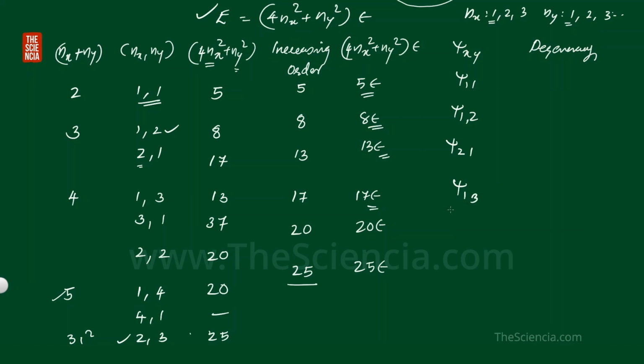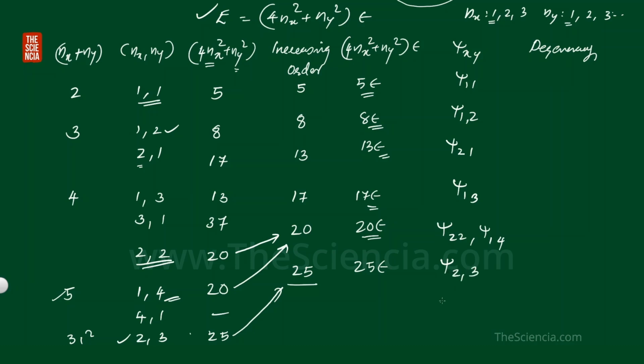Okay, next is 20E. For 20E, this one corresponds to 20E, and this one also corresponds to 20E. That is, states psi 2,2 and psi 1,4 correspond to the energy 20E. And next one is 25. 25 corresponds to state psi 2,3.